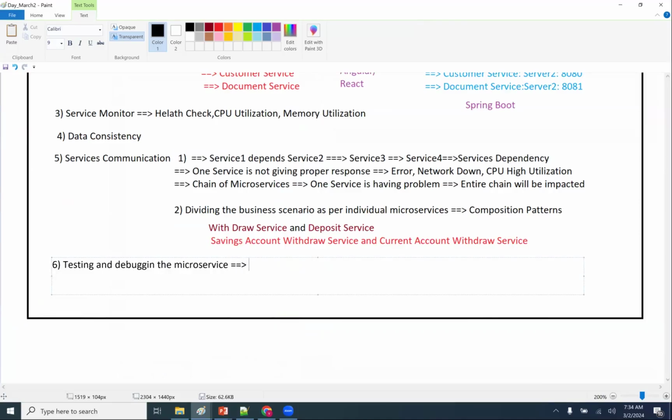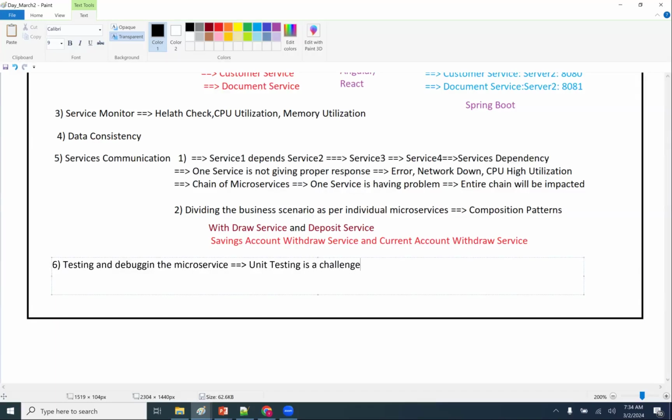For testing, I need to test 20 microservices. First microservice I need to test, second microservice I need to write code. Unit testing code is an additional headache for me. Correct, right? Unit testing is a challenge.